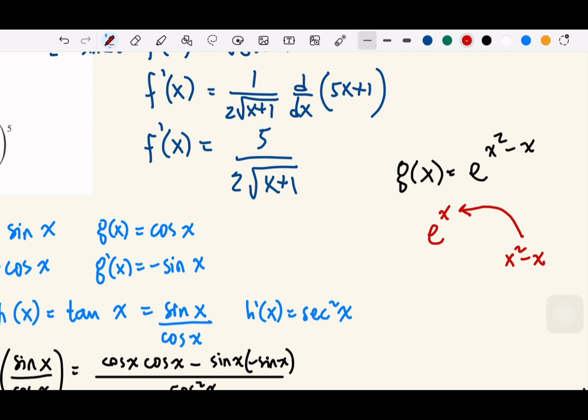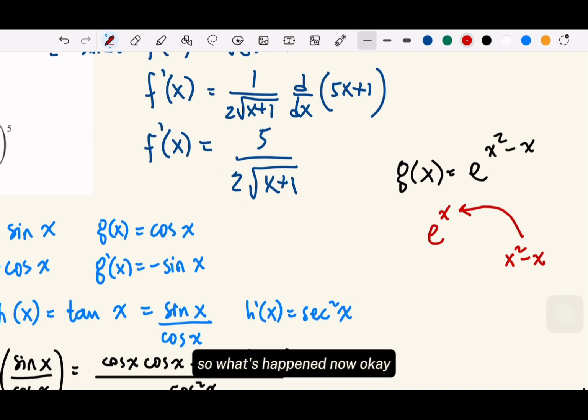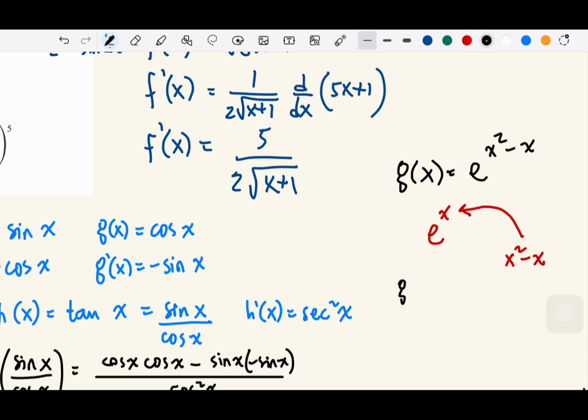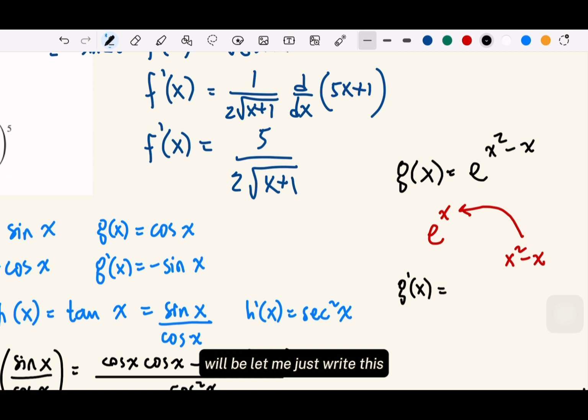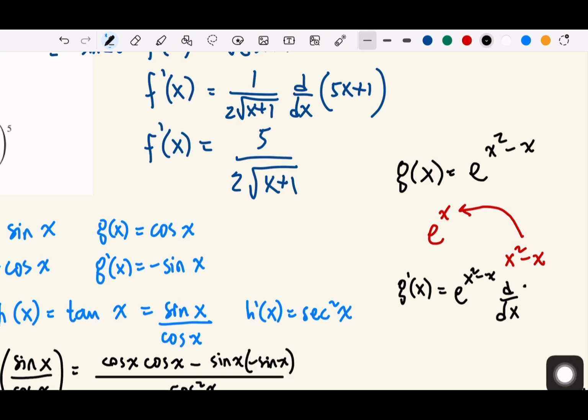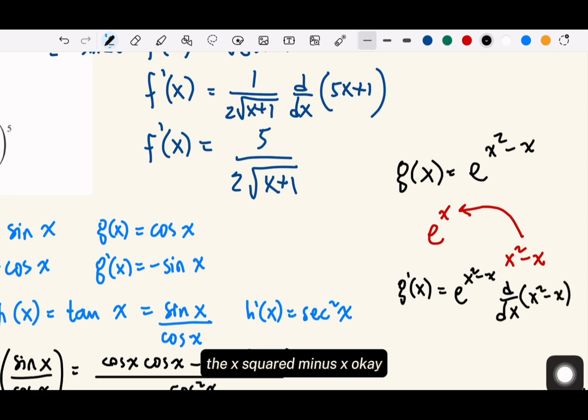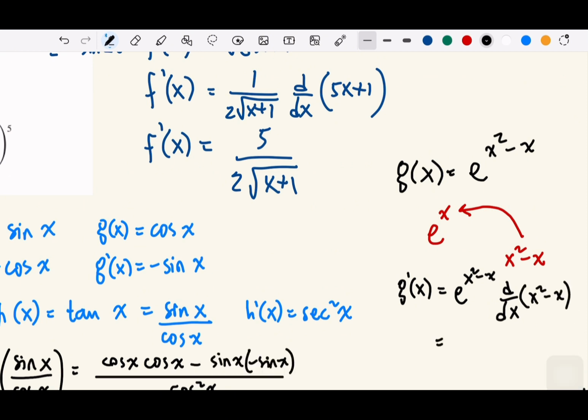We know that these expressions will result in the same e to the x, so we just rewrite this again. So the g prime of x will be e to the x squared minus x, and then d dx of the x squared minus x.